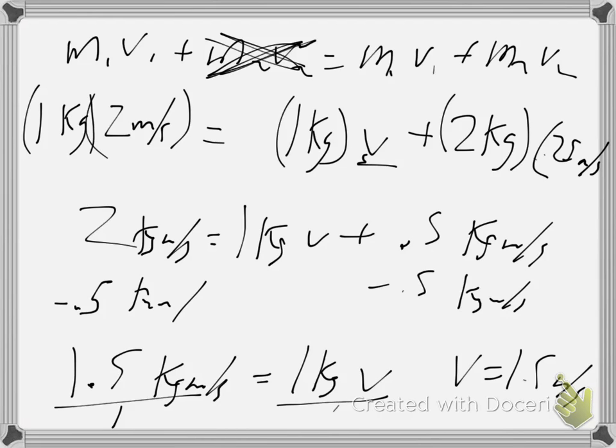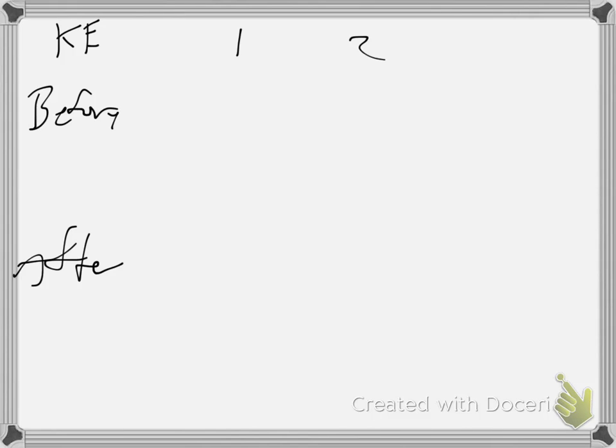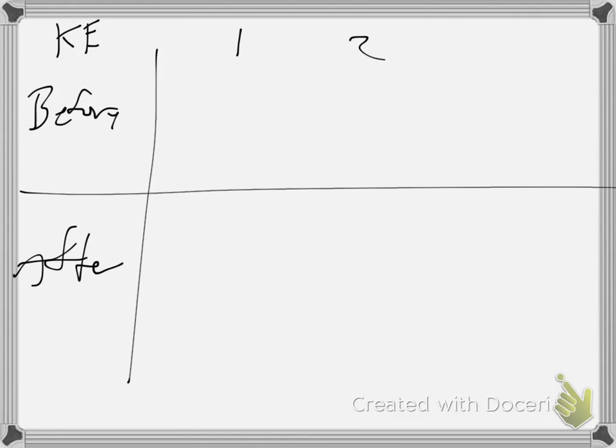second. So if we look at our kinetic energies this time, again I'm going to do a before and after, object 1, object 2. And we're going to do a kinetic energy graph. So let's look at what's going to happen with each of these kinetic energies before and after.